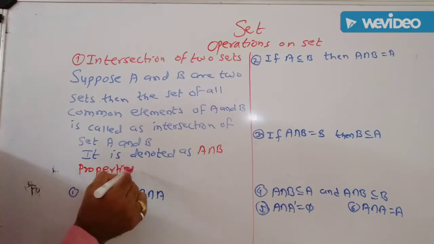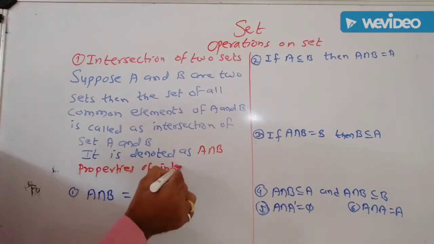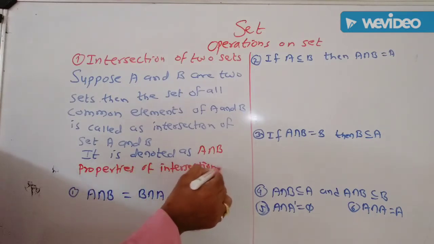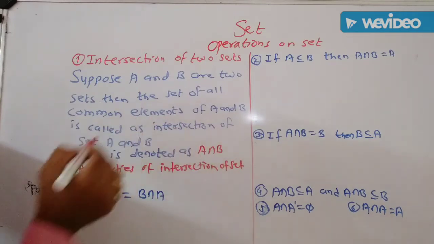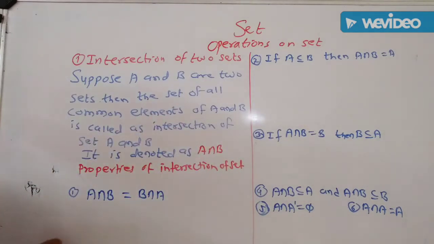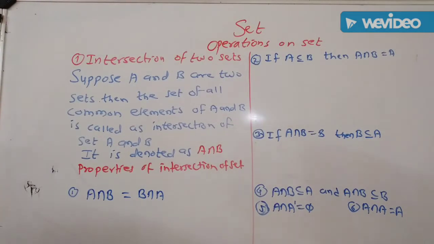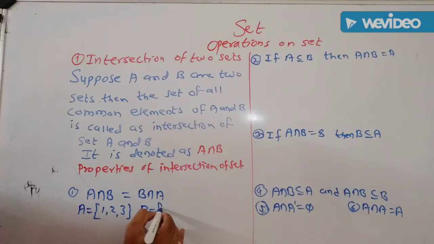Now the next topic is properties of intersection of sets. The first property is A intersection B is equal to B intersection A. Now what is meant by A intersection B and B intersection A? For example, suppose A is the set {1, 2, 3} and B is the set {2, 3, 4}.